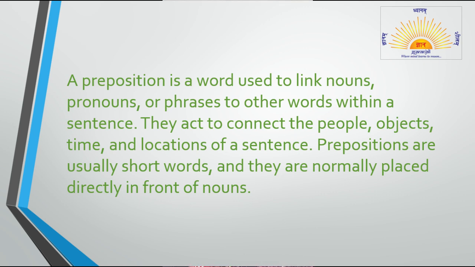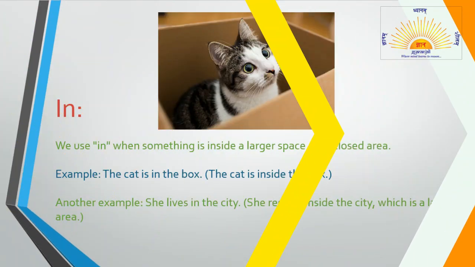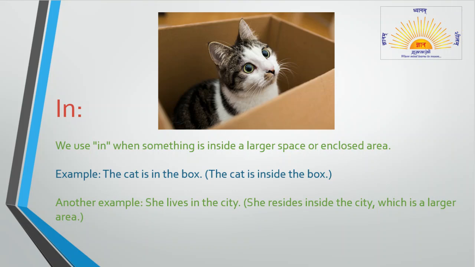Now, first of all, let's understand the very common prepositions in, on, and at in terms of prepositions of place. So in, we use in when something is inside a larger space or enclosed area.